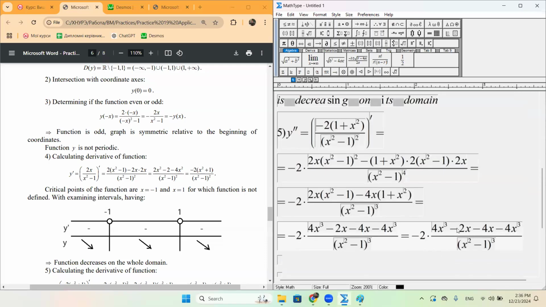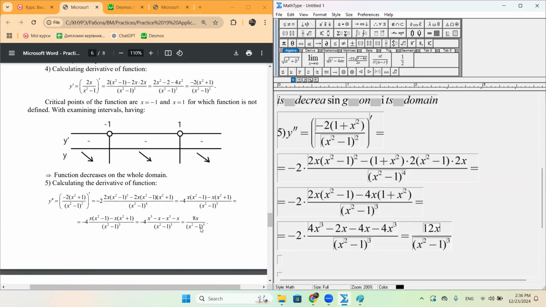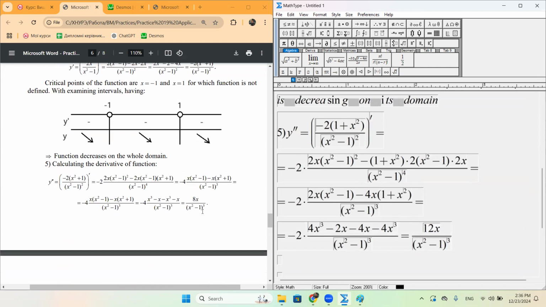So what do we have now? Cubes are reduced. And here we have 16x. Oh, stop, not 16, 12x. Now stop, 8x here. Now what's going on?